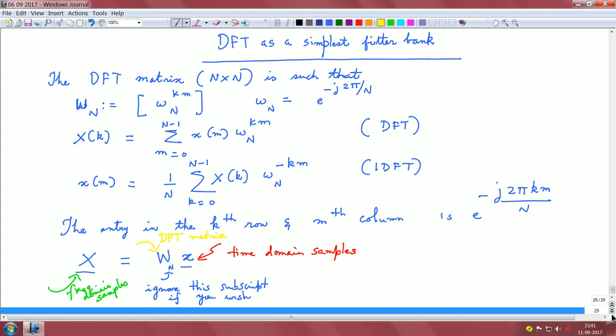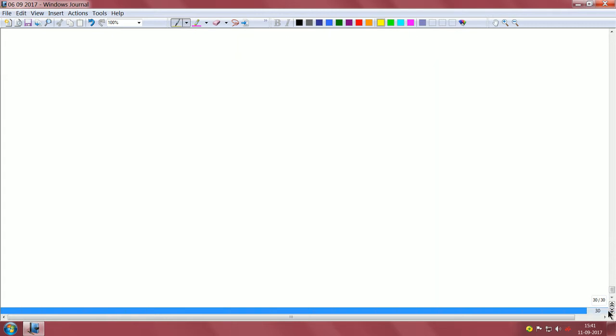Let us see with a simple example how this works and if our intuition makes sense. If we take n equals 2, then W_2, this matrix, is e power minus j 2 pi upon n, n is 2 here.